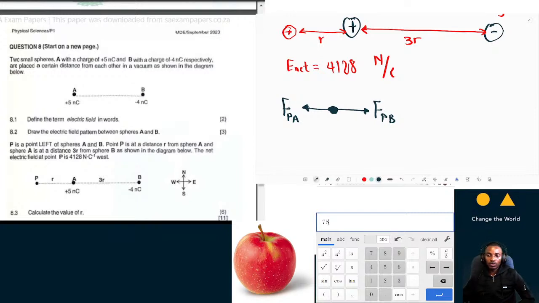Now we know force and electric field are vectors, so force and electric field always point in the same direction. I can replace this force by the electric field, because remember we define force by QE, and Q is a scalar, so it does not have direction. The force will take the direction of the electric field, because those are two vector quantities.